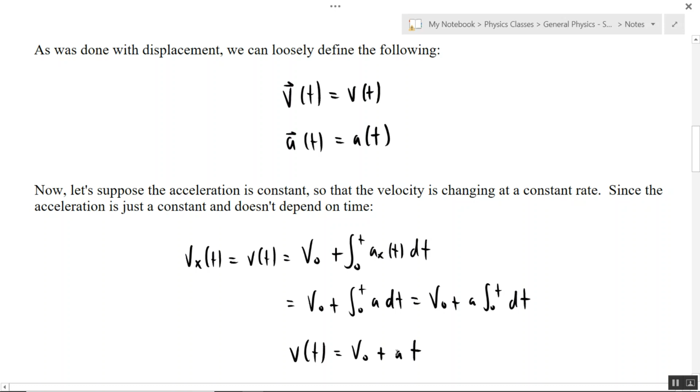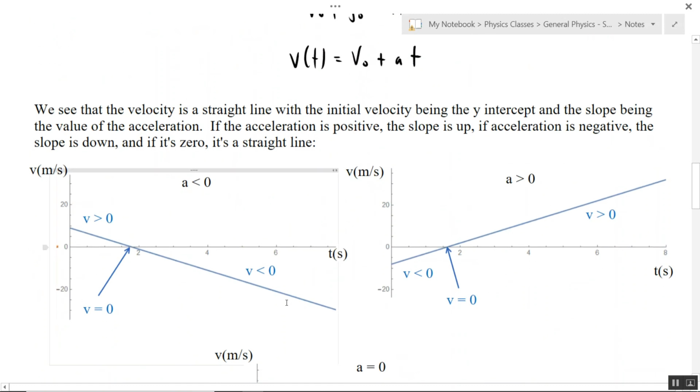First of all, it's a straight line, right? And the a is the slope. v0 is the y-intercept. So if a is less than 0, meaning it's negative, it looks like this. The slope is negative, because a is negative.